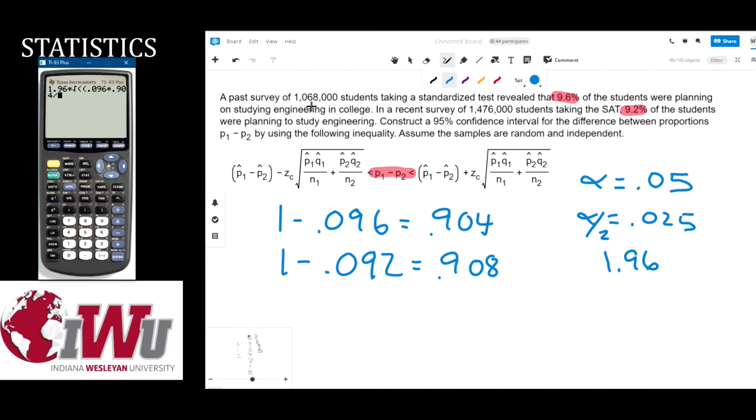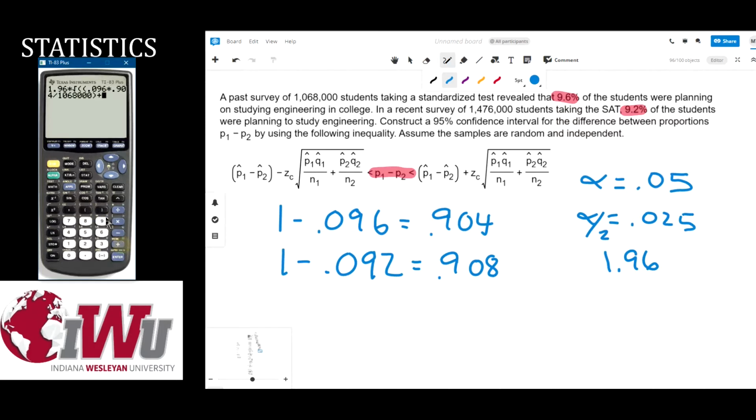Well, that's a big N1 right there: 1,068,000. Let's make sure we got all that. Okay, so that's the first part there.